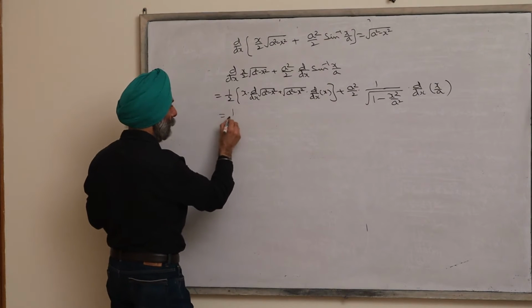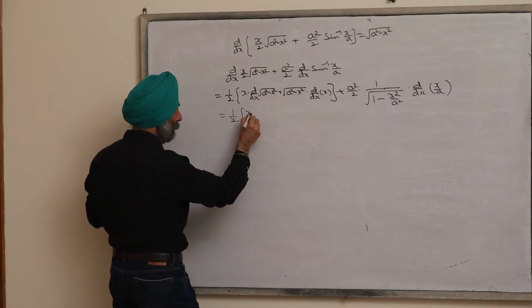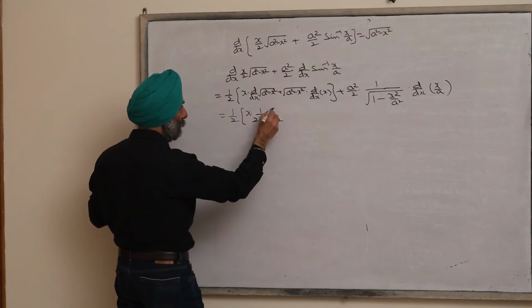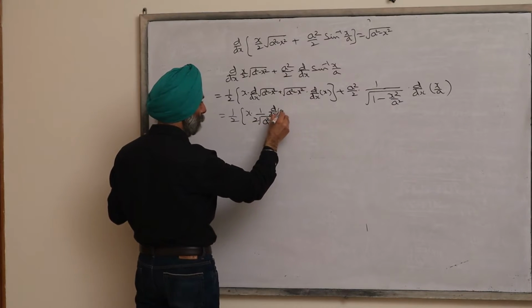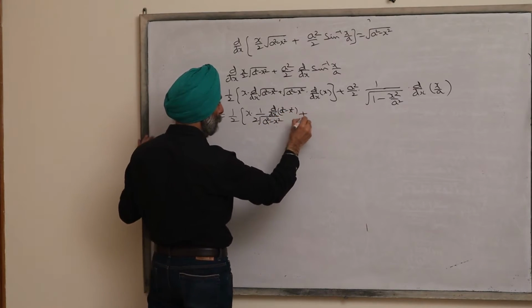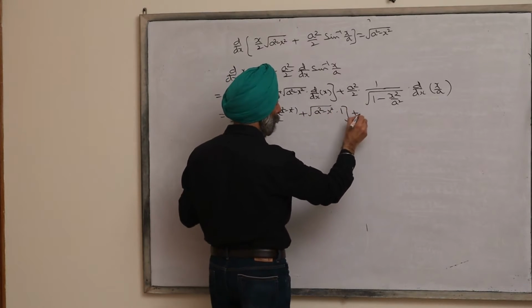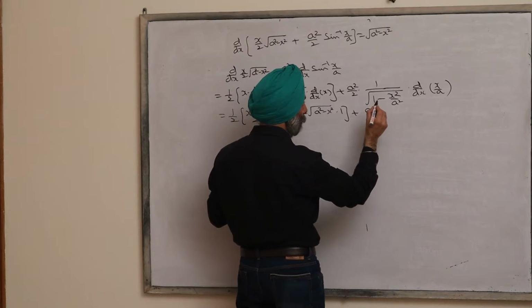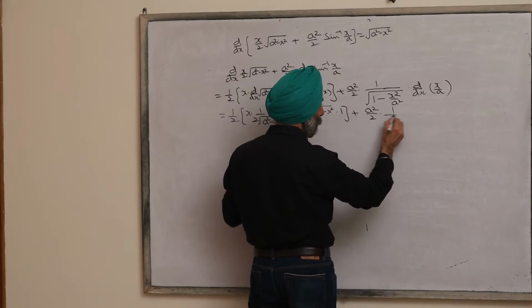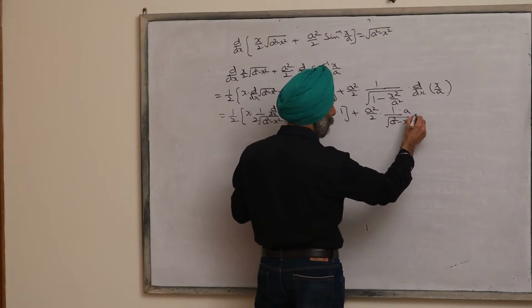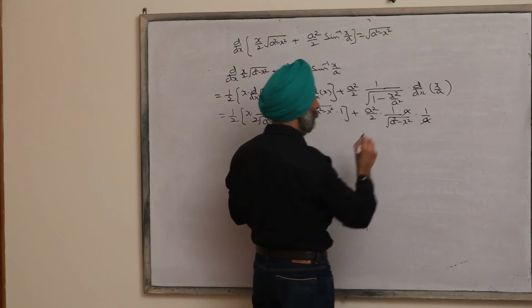So it is half of x into 1 over 2 times under root of a square minus x square into d over dx of a square minus x square plus under root of a square minus x square into 1, plus a square over 2 into 1 over under root of a square minus x square into a into 1 over a. This will cancel.